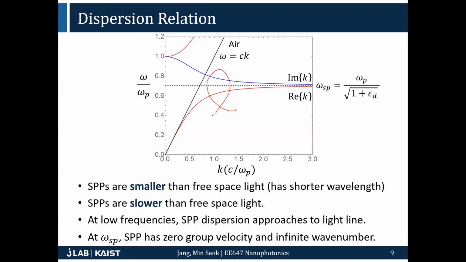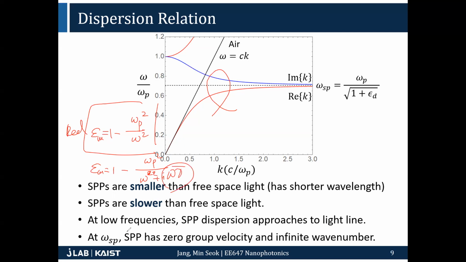So in this scheme, we ignore the loss. Here we assume epsilon of metal is 1 minus omega p over omega squared, right? So it's always a real number. There's no loss. But in reality, epsilon m is not simply this, but you also have an imaginary loss term, and that's inevitable.